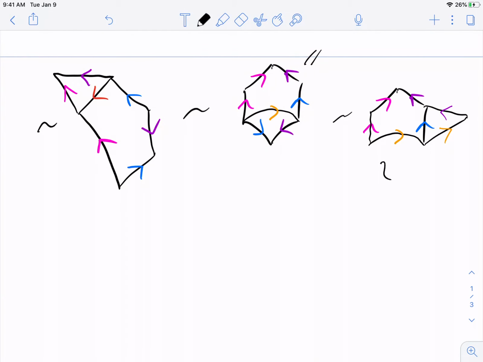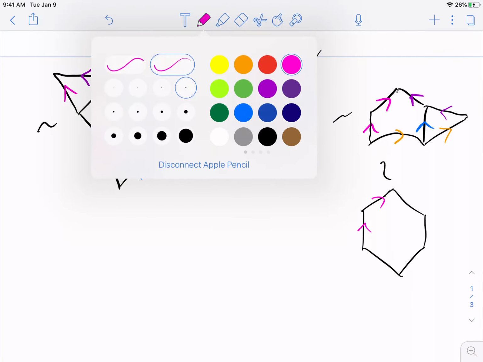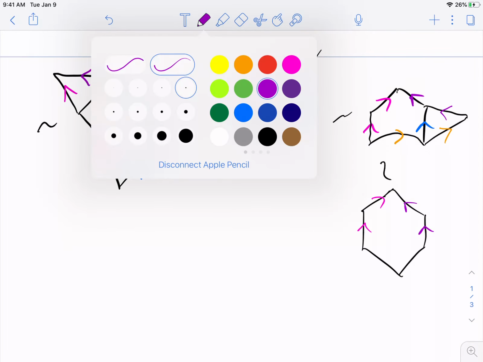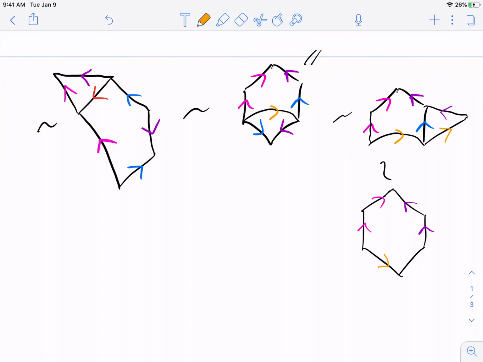So I stretch this to a regular hexagon, and you can see that I've got 3 pairs of adjacent edges being glued, each with a twist. And so this is what we wanted. This is the connected sum of 3 RP2s.